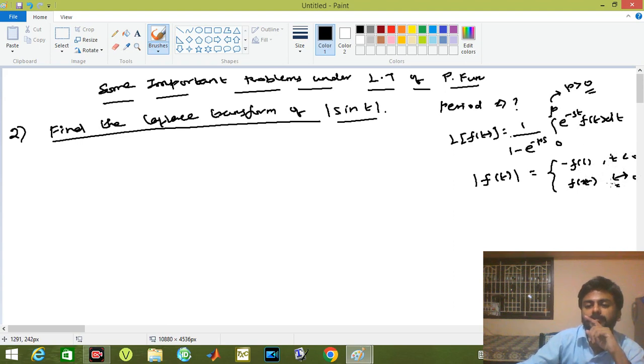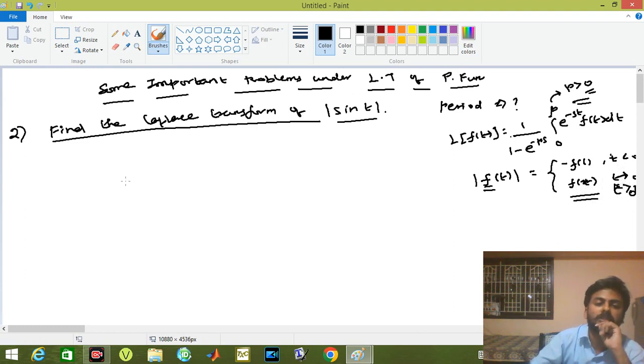Since they have given modulus, and we know that the period p should be greater than 0, f of t should be positive, so we have to consider f of t for t greater than 0.